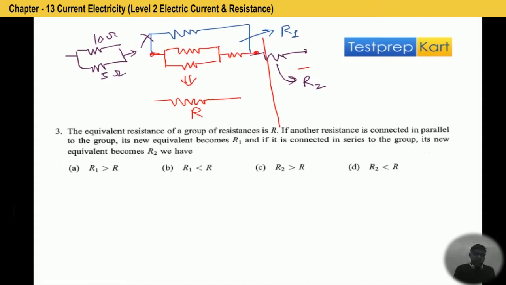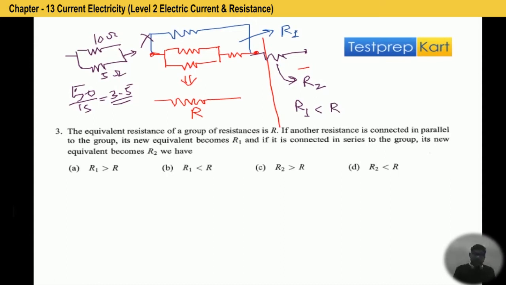The net resistance would be 50 divided by 15, so that is 3 point something. So in a parallel combination, net resistance is always smaller than the smallest one. So we can say that R1 will be smaller than total resistance R.